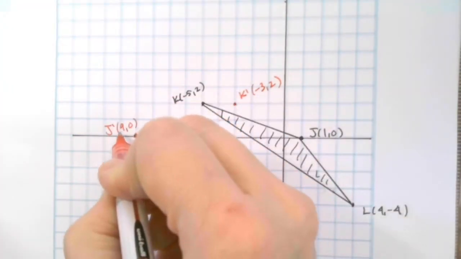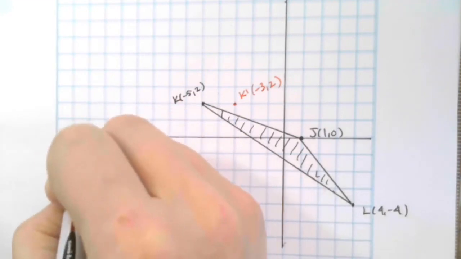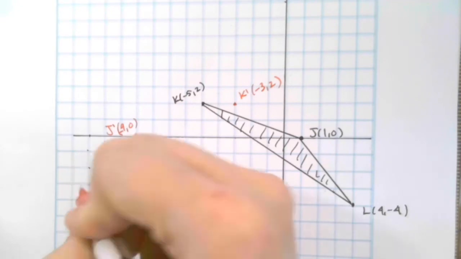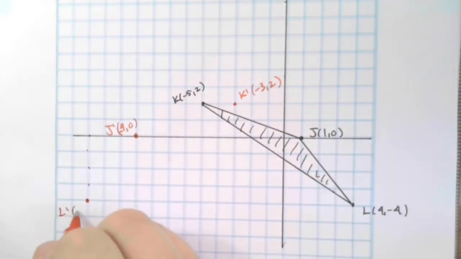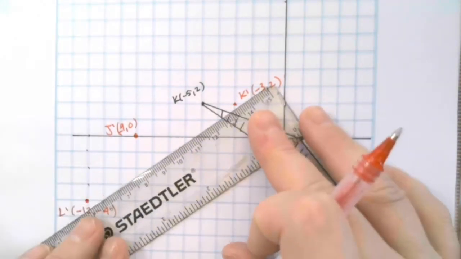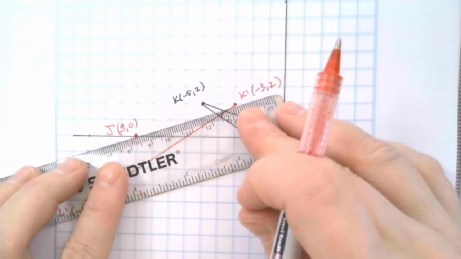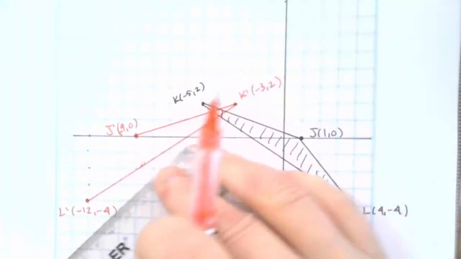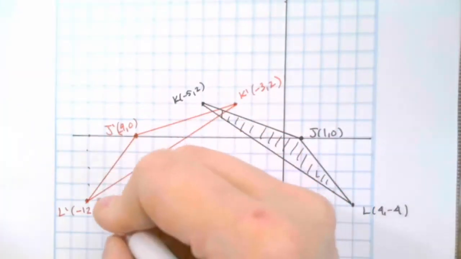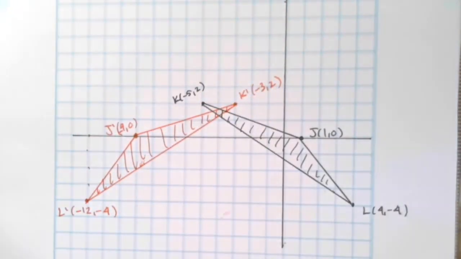So 9, I put a negative on there. 9, 10, 11, 12. And down 1, 2, 3, 4. So L prime is negative 12, negative 4. And we're going to join these points so we can see the shapes. And that is our new figure.